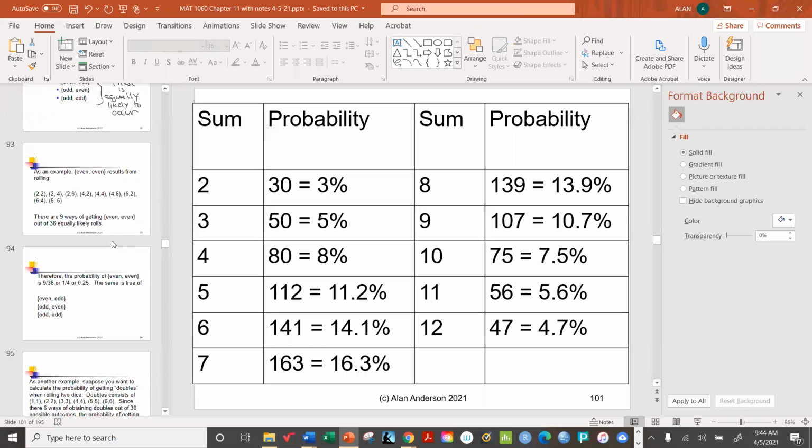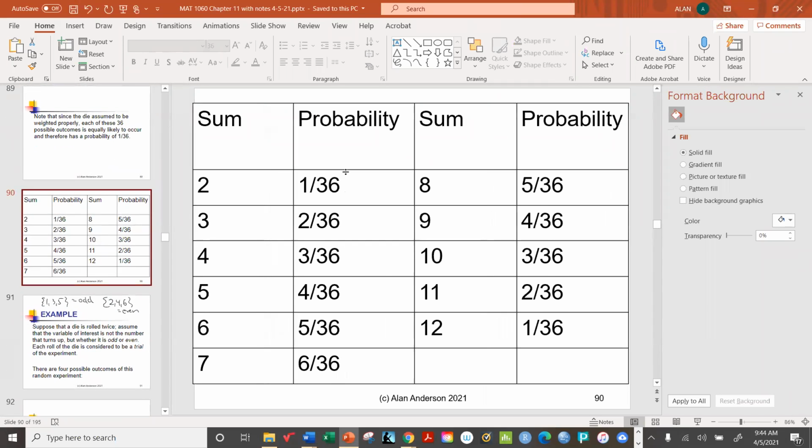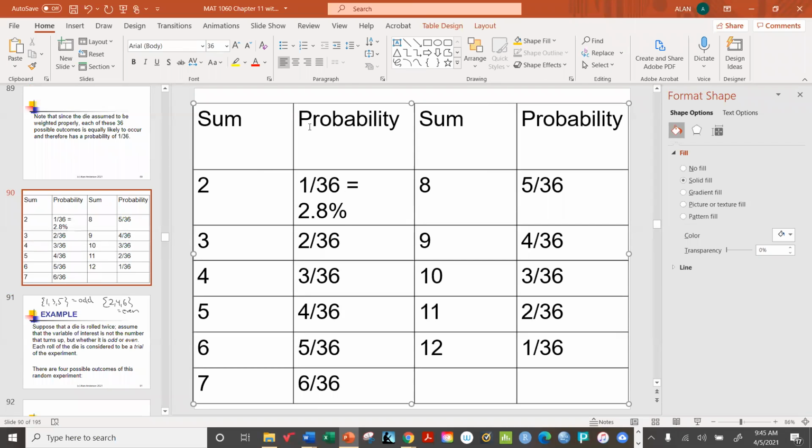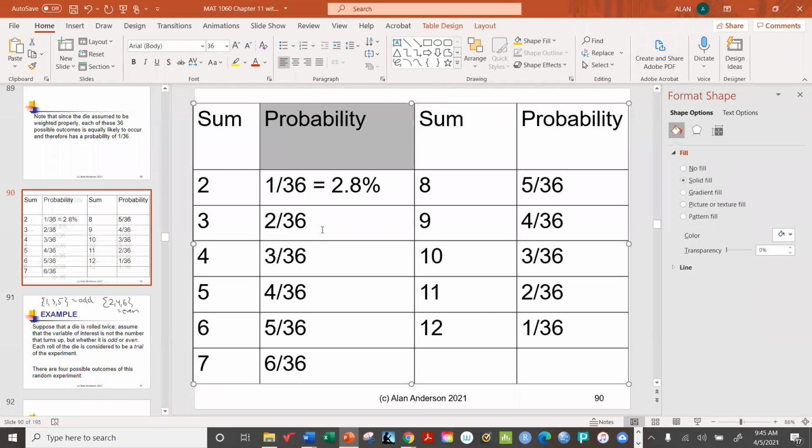Okay, now like up here, for example, I guess what I could have done is figured out these as percentages. This is 2.8%. This is 5.6%.